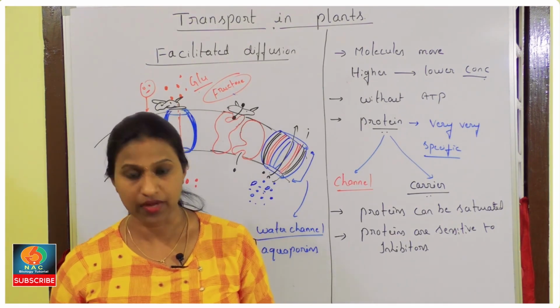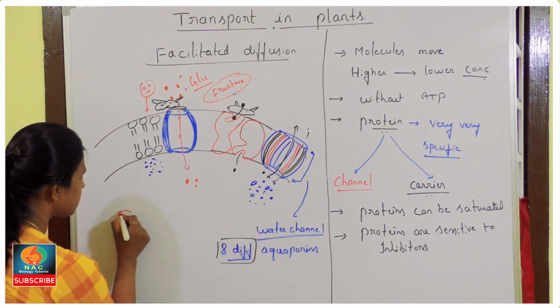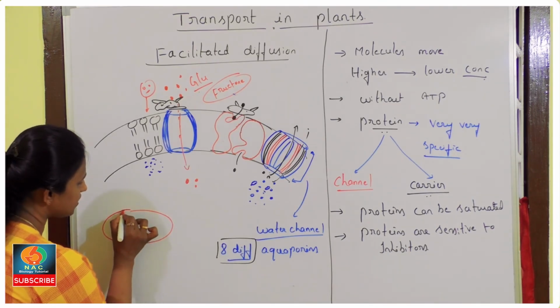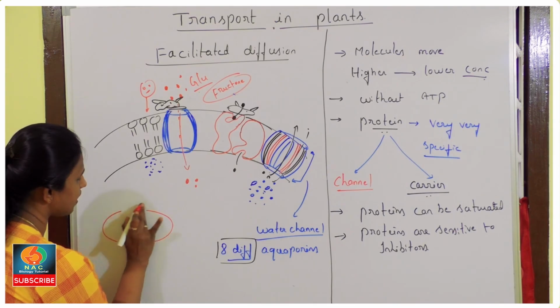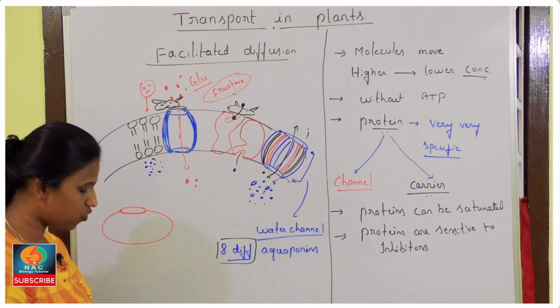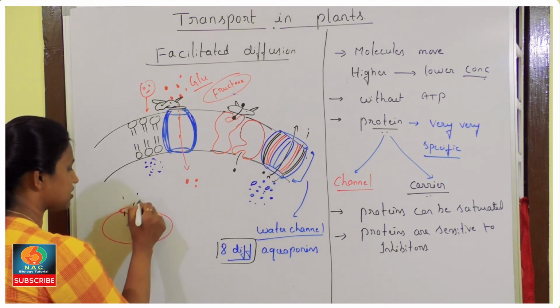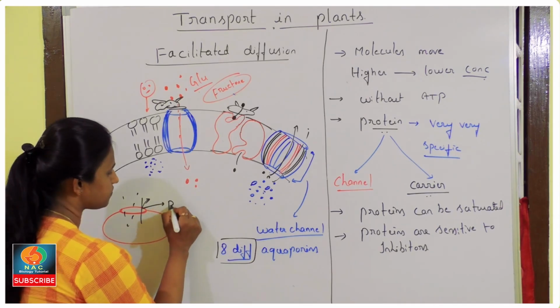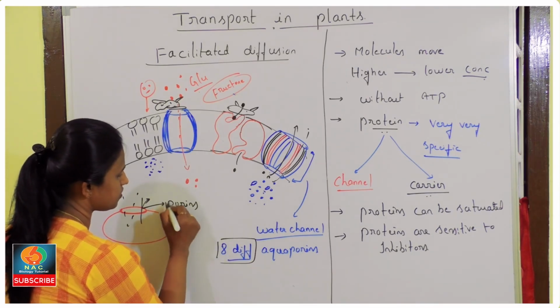Say for example, if you consider this is a bacterial cell, and in the transmembrane there is a large protein or a large pore, imagine this is a pore. Through this pore, the movement of molecules takes place inside and outside the cell. Such pores we call porins.